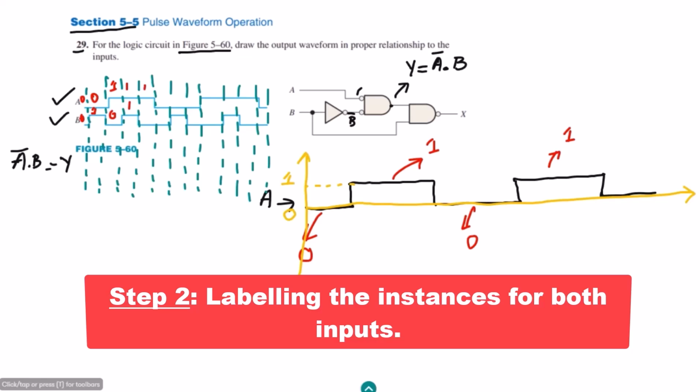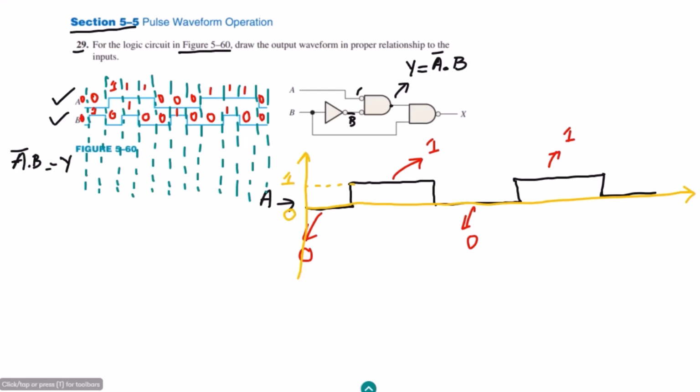Here A is 1 while B is 0. Here both values are zeros. Here one is 0, the other one is 1. Here 0 and 0. Here the first one is 1, the other one is 0. These two are 1, 1. This is 1, this is 0, while here both of them are zeros. So on the basis of the waveform alternations we have found out their values.